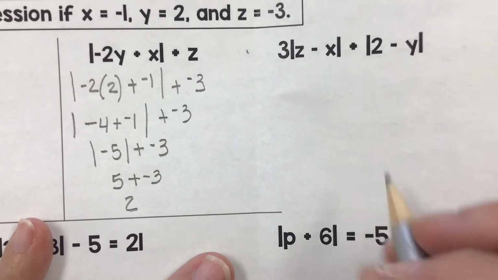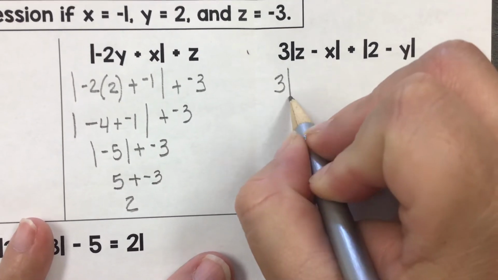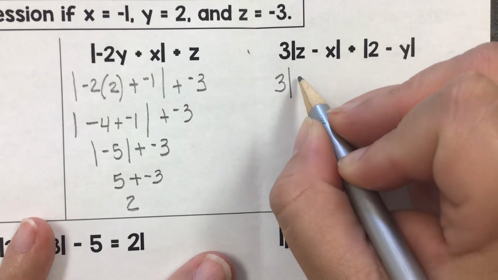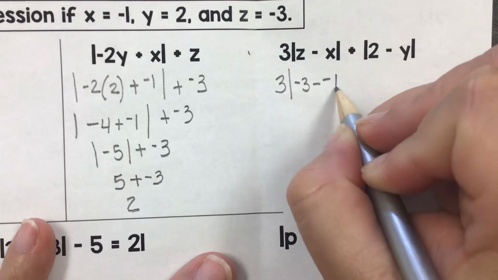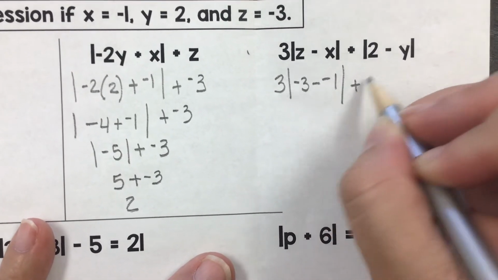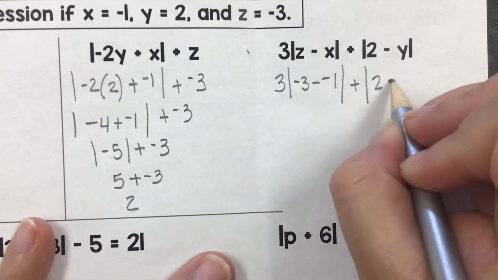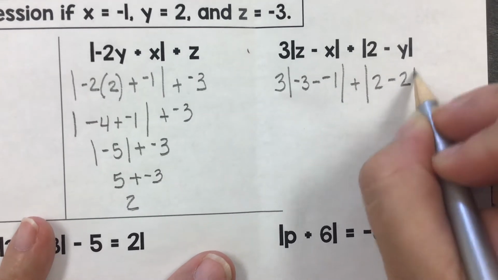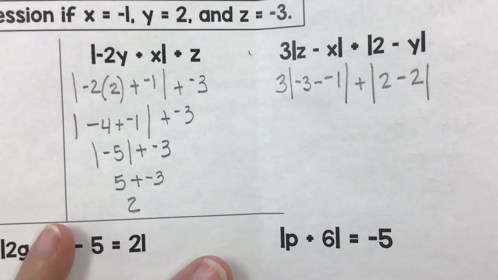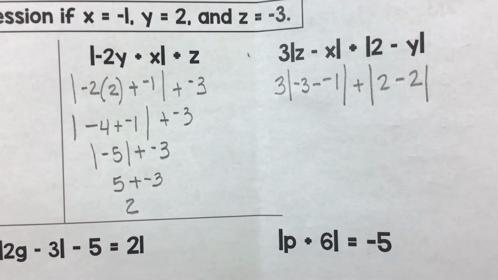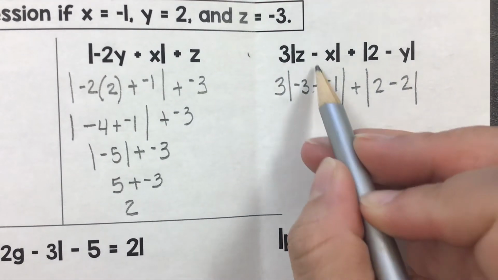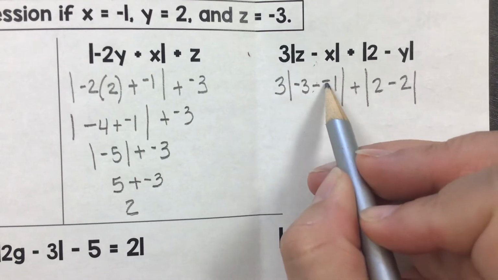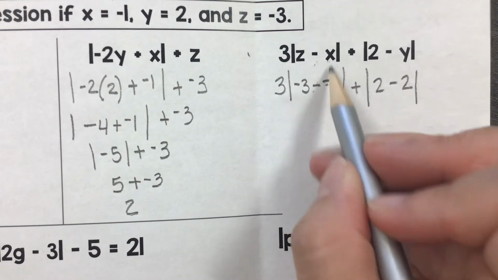We'll substitute in the values. 3, absolute value of z is negative 3 minus x is negative 1 plus absolute value of 2 minus, and then y is 2. Okay, so that minus is part of the expression, and that negative is part of the value of x.